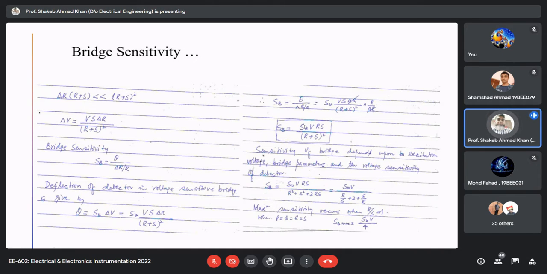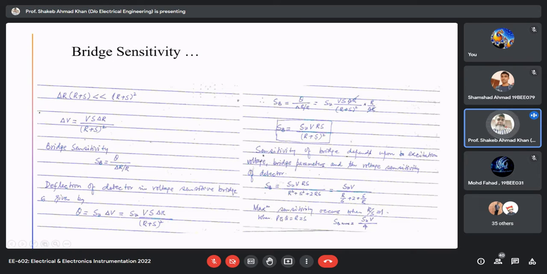With the maximum possible excitation and the maximum available sensitivity of the detector, what is the condition for maximum bridge sensitivity? So we expanded and simplified the expression, and you'll find that sensitivity will be high only when R by S is equal to 1, meaning R and S are equal.